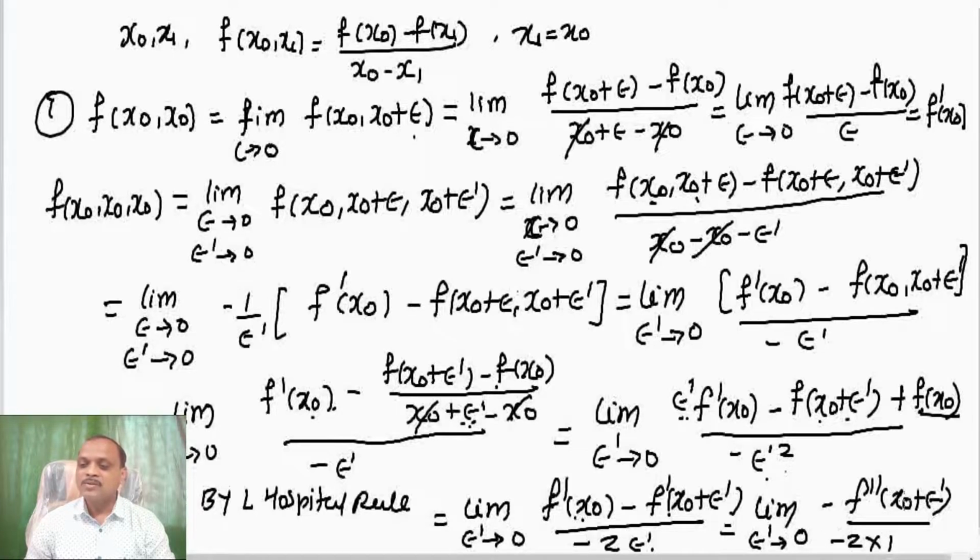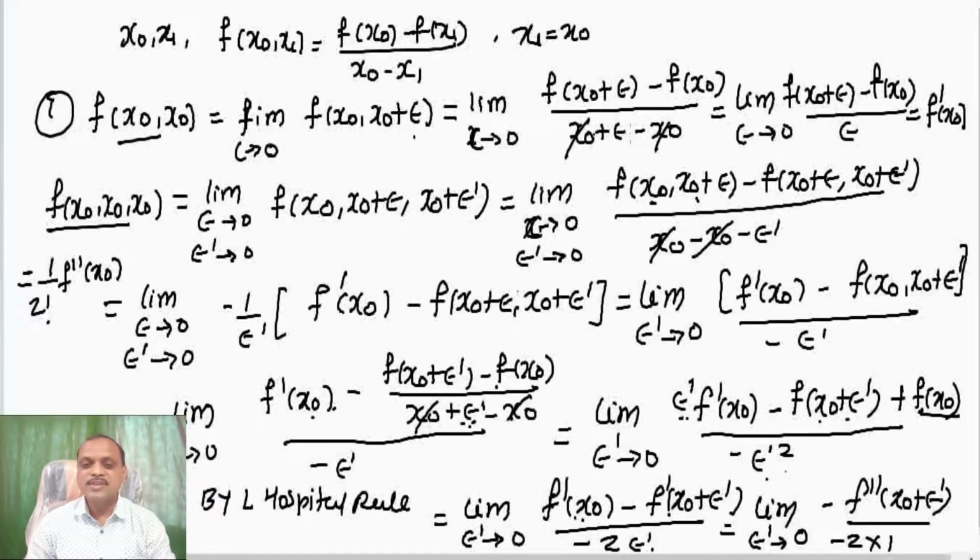The minus signs cancel, and now this is free from the indeterminate form. Let us take the limit. So we get the second divided difference equal to 1 divided by 2 factorial into f double dash at x0.